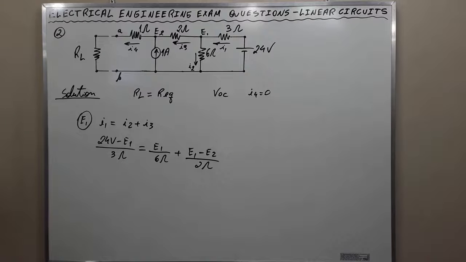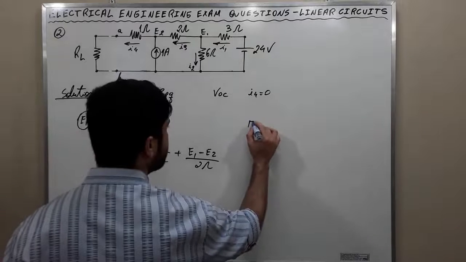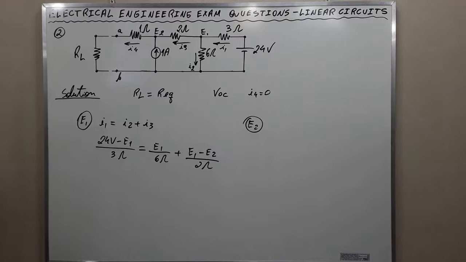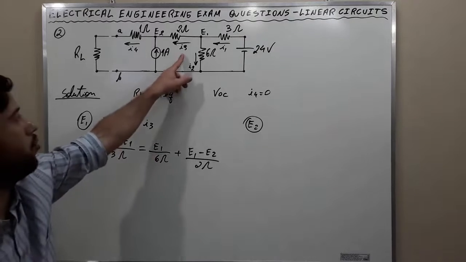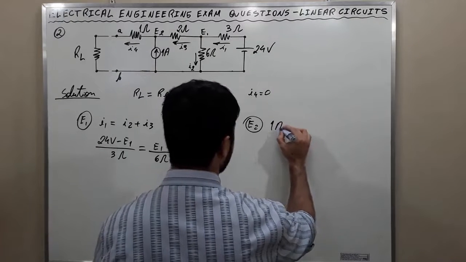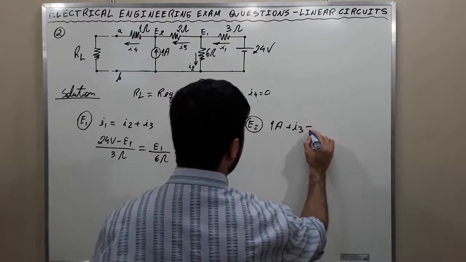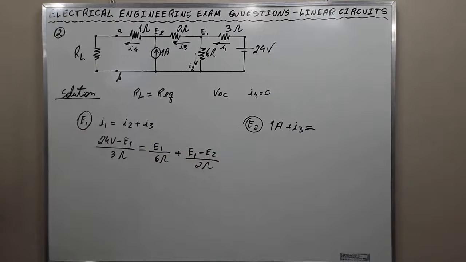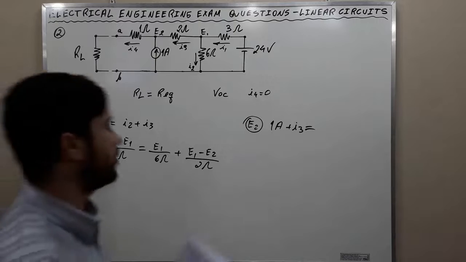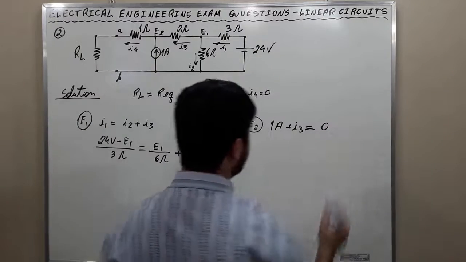Now let's do the same for node E2. What are the currents that enter node E2? I3 and 1 ampere. And what are the currents that leave the node? Only I4, and we already know that I4 is equal to 0. Then it is going to be equal to 0.